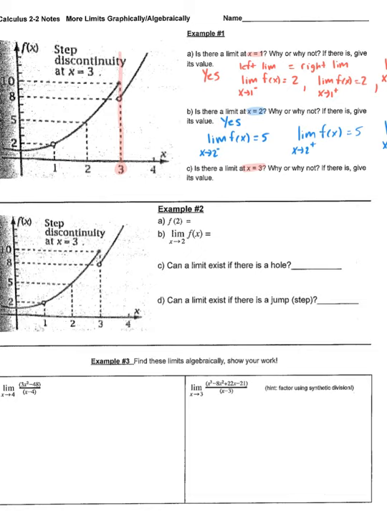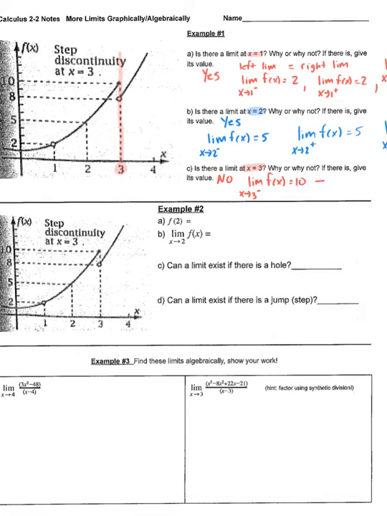So in this case, our left and right limits are different. It's a bad date. You're meeting in different places. There is no limit. So we are going to say no. The limit as x approaches 3 from the left of our function is equal to 10.